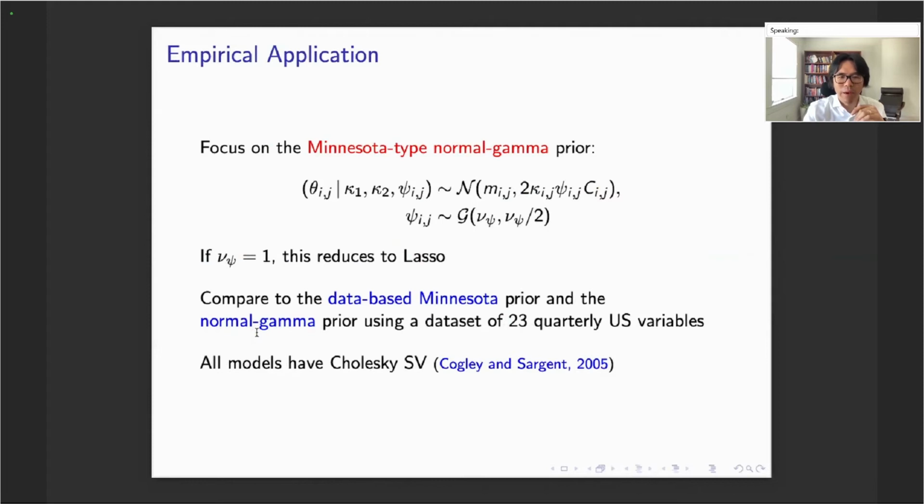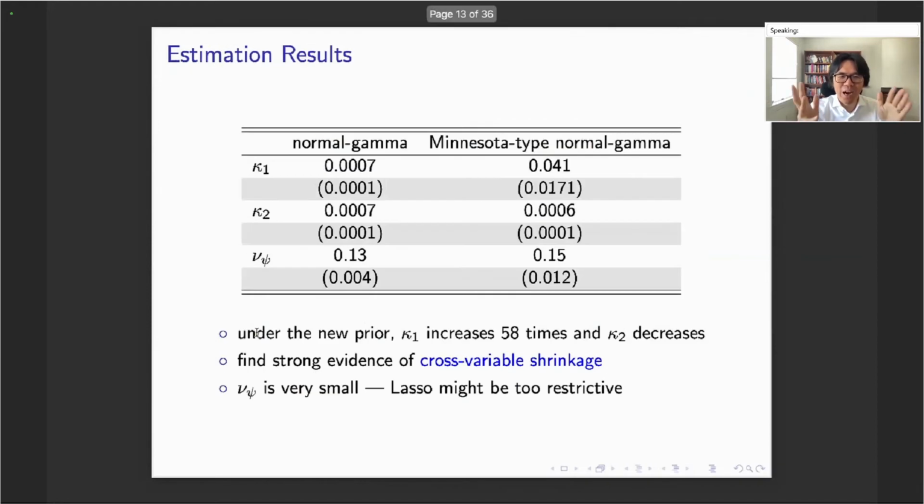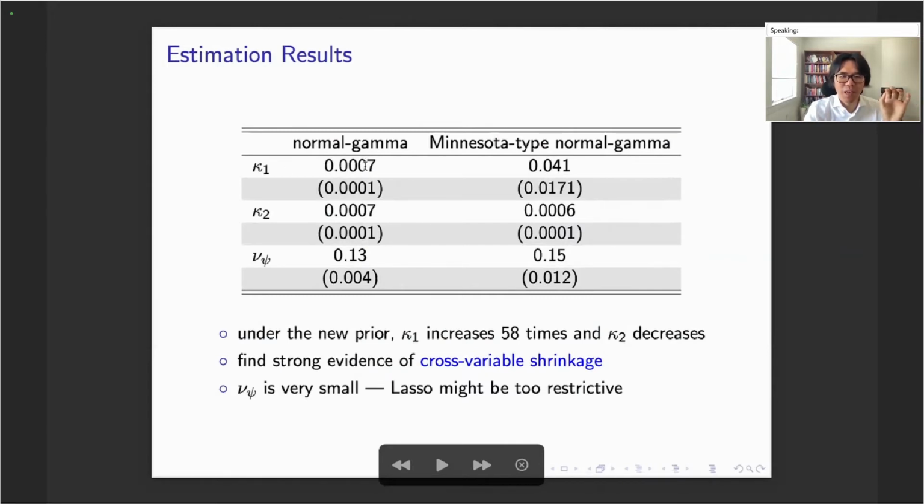So in the paper, there are lots of forecasting results, but here I just want to highlight the estimation results to show what I'm trying to mention. So comparing to the normal-gamma prior, right? The normal-gamma prior doesn't have cross-variable shrinkage, so kappa 1 has to be equal to kappa 2.